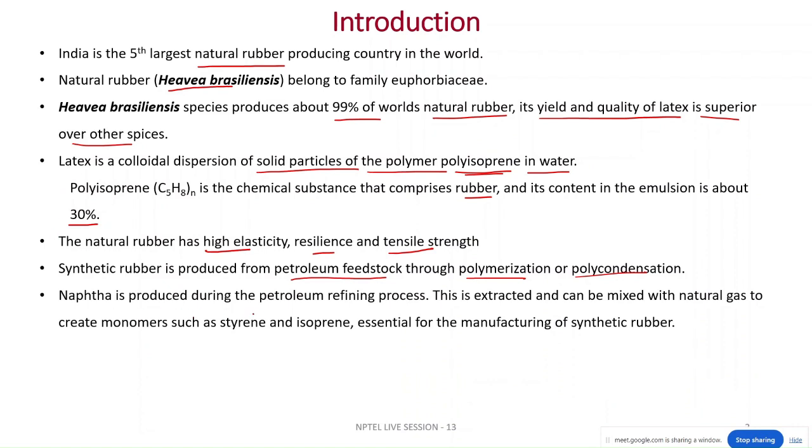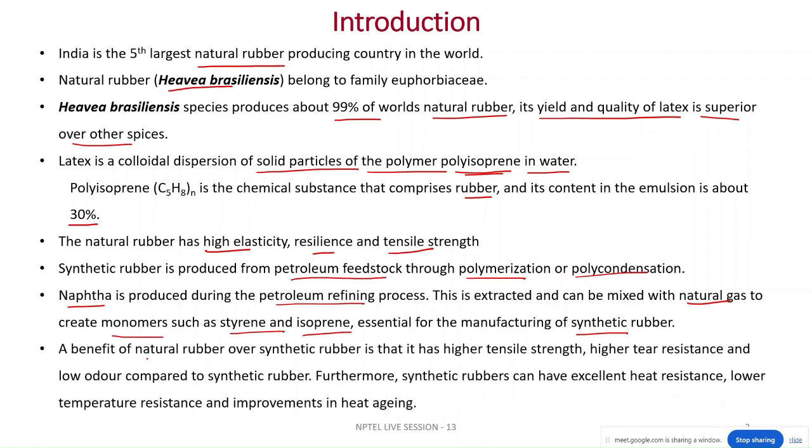Naphtha, which is produced during the petroleum refining process that we have discussed earlier, is extracted and then mixed with natural gas to create monomers like styrene or isoprene. These monomers are derived from naphtha, and using these monomers of styrene and isoprene, we manufacture synthetic rubber.